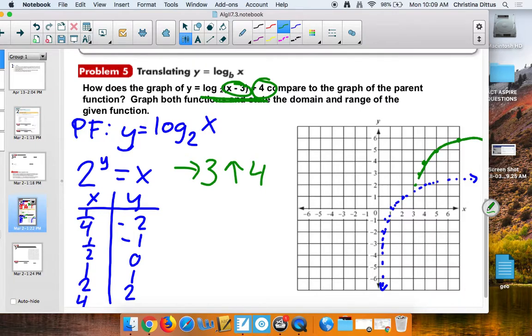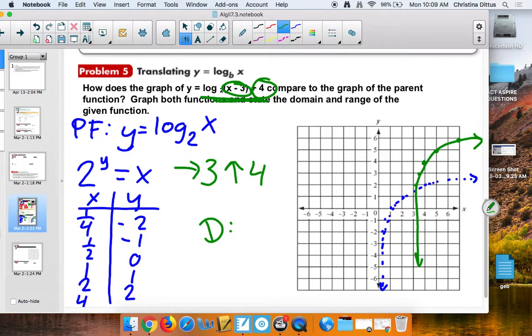And we get something that looks like that. Okay.